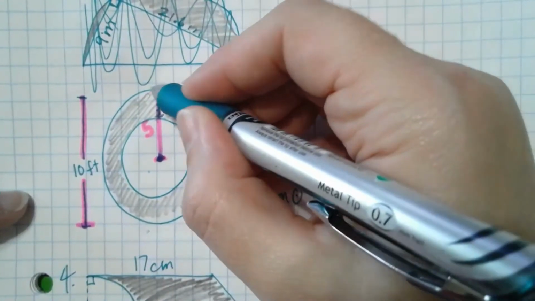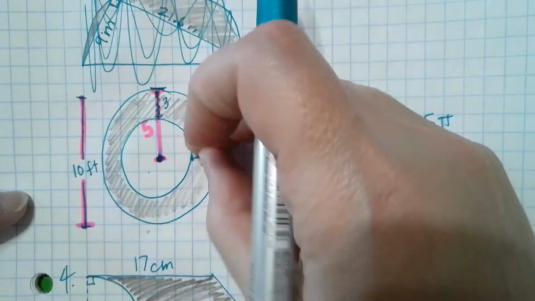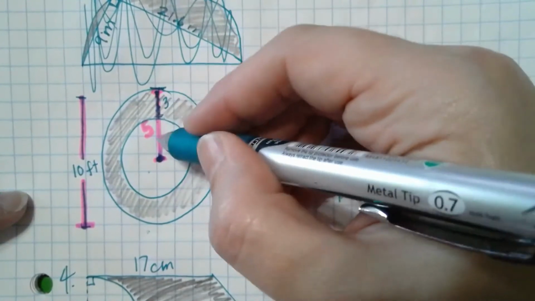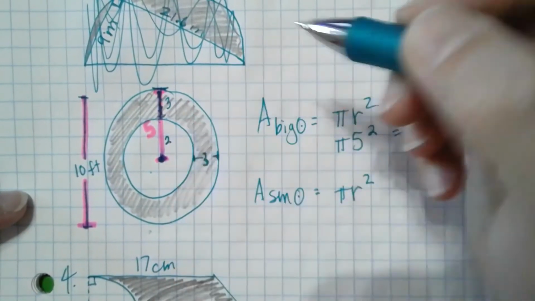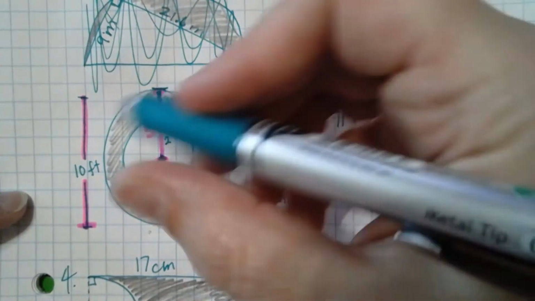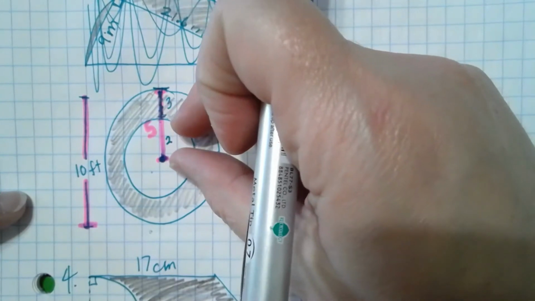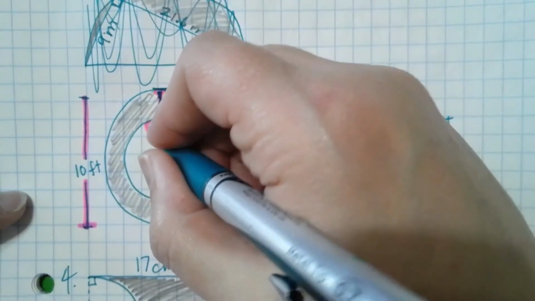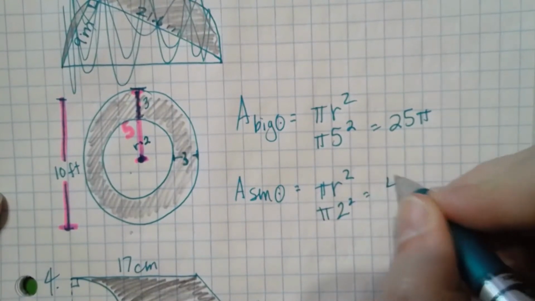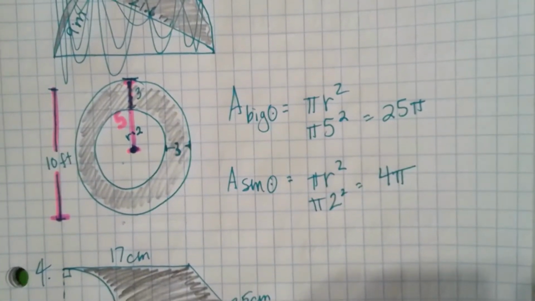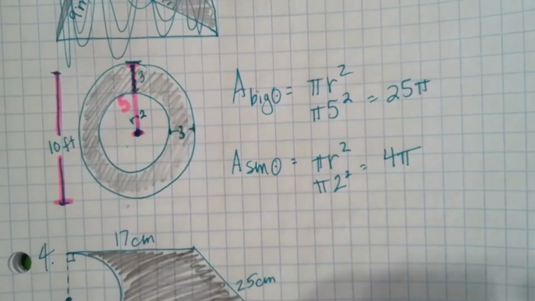If all of this is 5 from the center out to this edge, but this shaded part is 3, what's that going to leave here on the inside? It's going to leave 2. So the 5 was the radius for the big circle, and the little circle has a radius of 2. Pi 2 squared. So that's only 4 pi. Okay, so the 3 is taken off from the 5 that we already know.